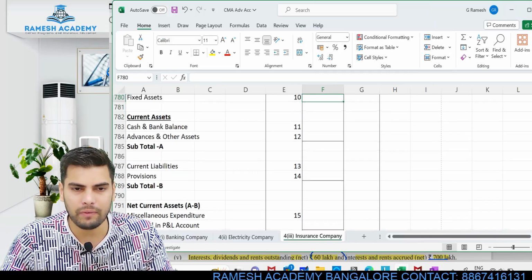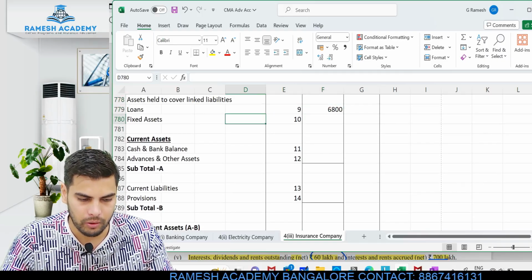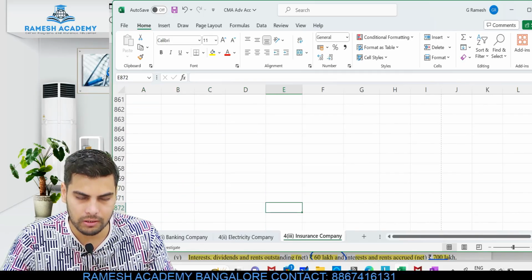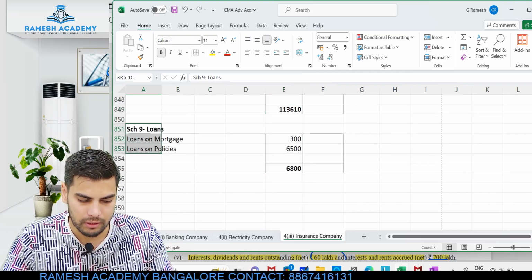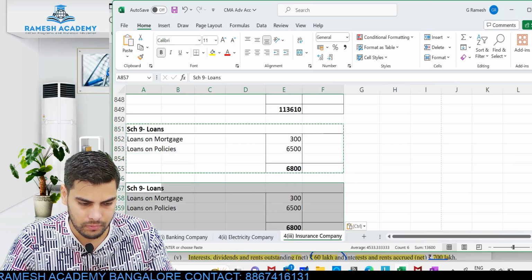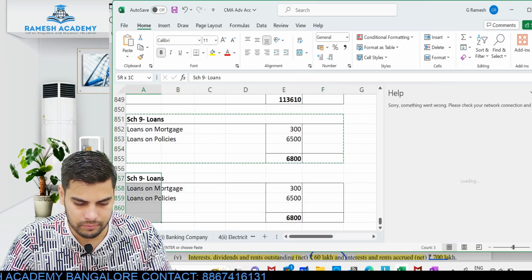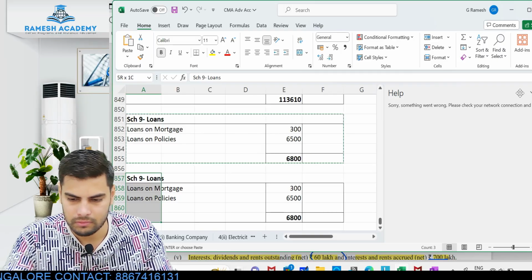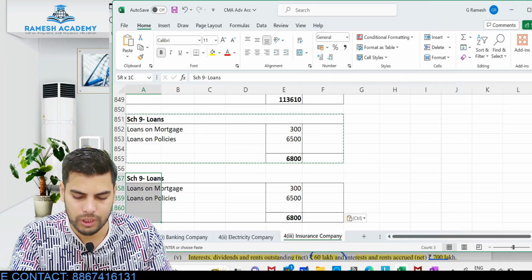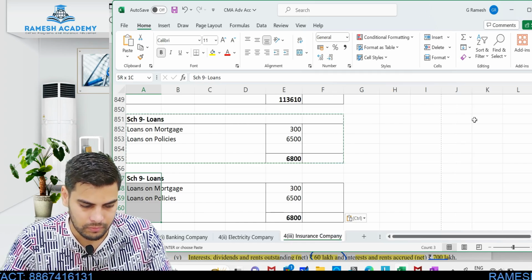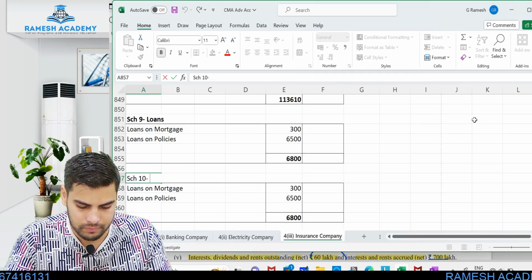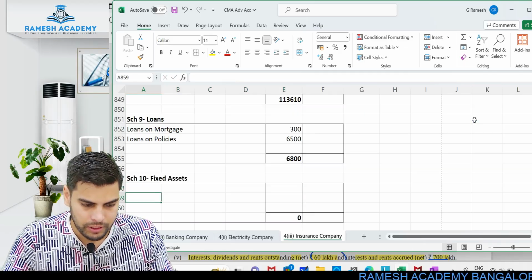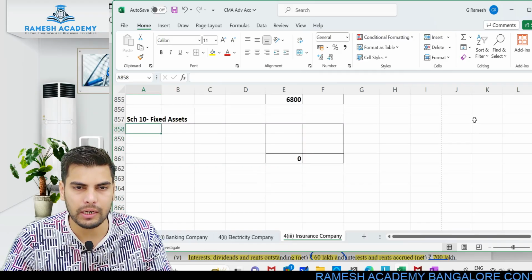Building we have already shown in the form of investment, so when it comes to fixed asset, fixed asset would be only one, that is the furniture.